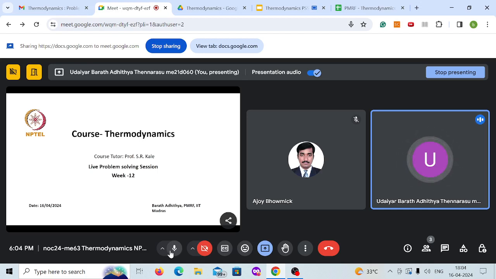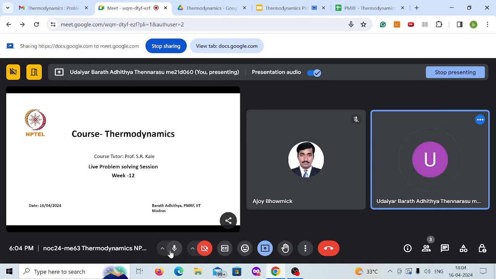They don't mix. So their mixed Gibbs energy is more compared to your separate. That's why you have two phases of oil and water that don't mix. They separate out because the separated Gibbs energy is lower compared to the mixed Gibbs energy. So this is an example of phase equilibrium, and for anything to exist in equilibrium phase, your chemical potential will be equal in each of the phases.